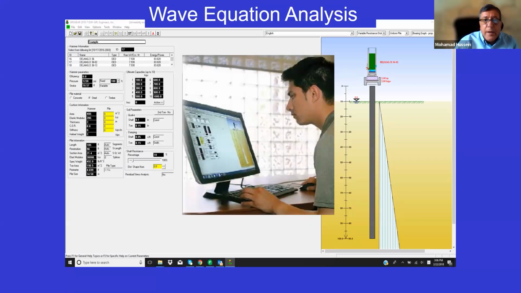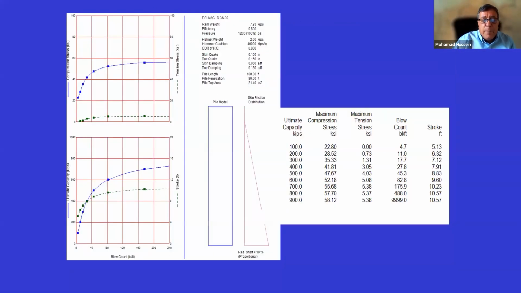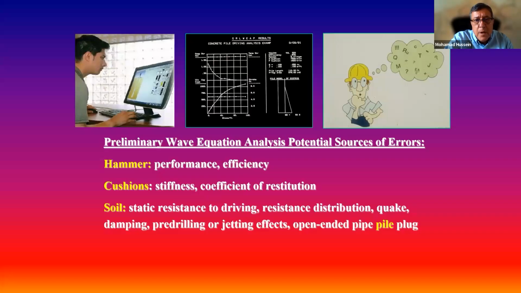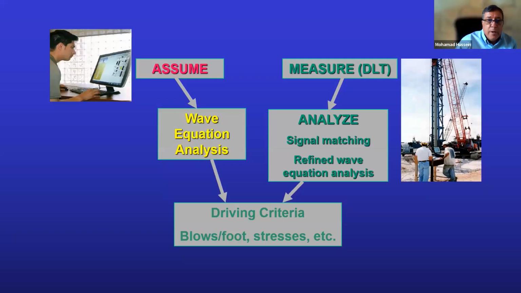Now, that can be done by computer simulation, by using wave equation analysis procedures, and with that we can come up with a relationship between the driving resistance, that is blow count, and static pile load bearing capacity. But although it is a powerful program for simulation, it has limitations simply because it relies on assumptions that one has to employ to do the analysis with.